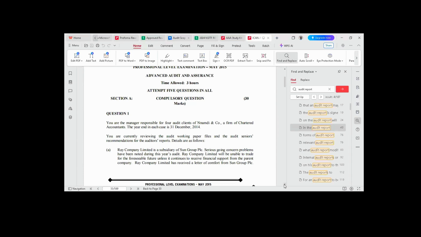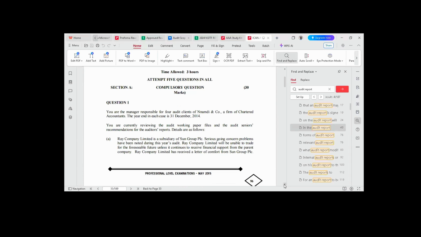Details are as follows. The first client, Ray Company Limited, a subsidiary of Sun Group. Serious going concern problems have been noted during this year's audit. Ray Company Limited will be unable to trade for the foreseeable future unless it continues to receive financial support from the parent company.